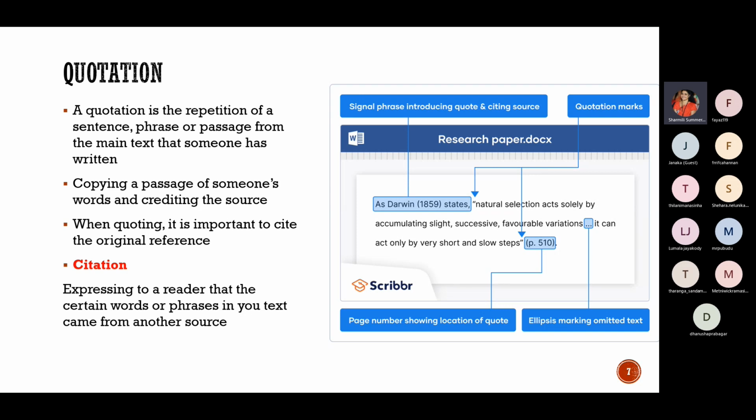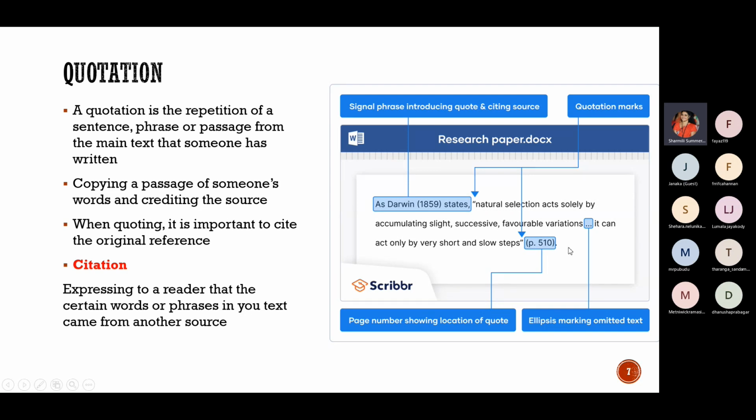Citing means putting it in brackets, and we are calling it a citation. You can download many texts, and with the Mendeley app, within the brackets you can incorporate the particular article's author and when it was published.